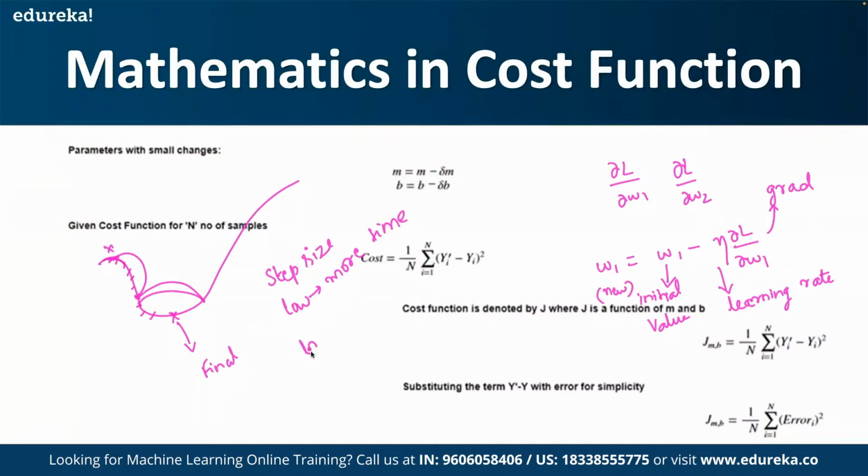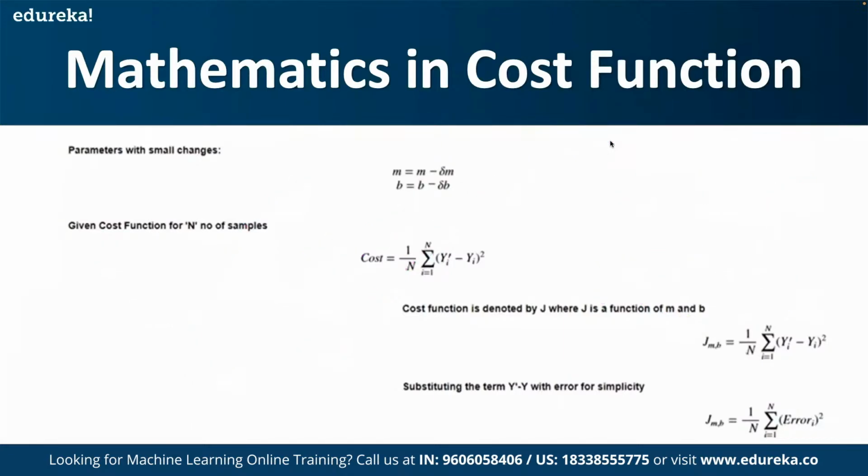If your step size is large, then you might miss the destination. This is what happens when we are performing the update of the parameters using a high learning rate and a very low learning rate.